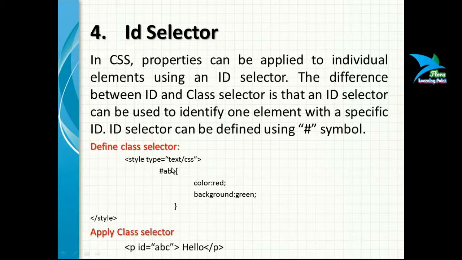For example, if you specify one id on one particular tag, then by rule you can't use that same id for another element. So we can apply the same class selector on multiple tags, but an id selector is applied to individual elements only. That is the difference between class and id selector.